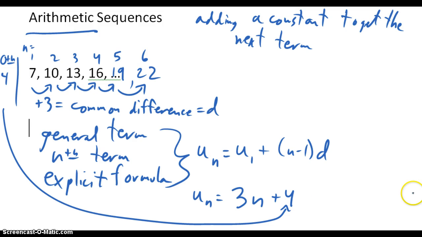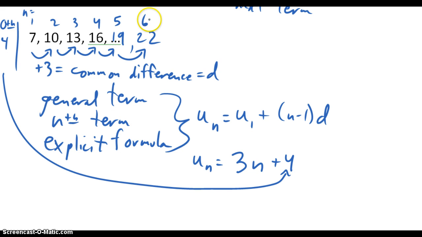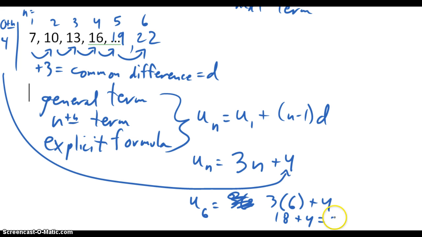And let's just double check it. Here's how you check it, okay? So let's say we know the 6th term is 22. That means u sub 6 is 3 times 6 plus 4. So that is 18 plus 4, which is 22.